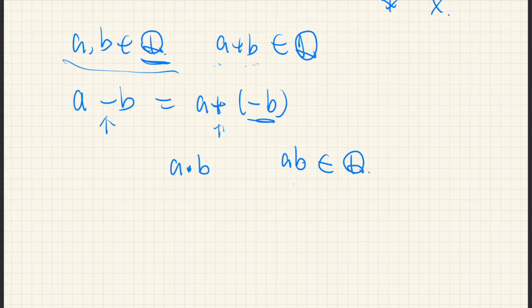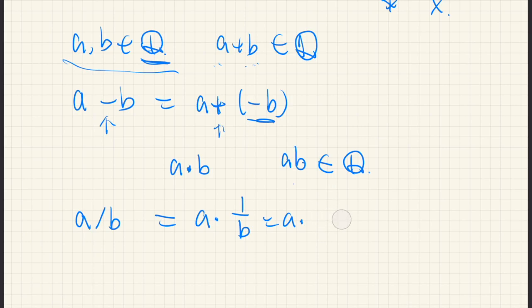Also, we didn't define division like A divided by B. But this is just a shorthand notation for A times 1 over B, and 1 over B is B inverse.